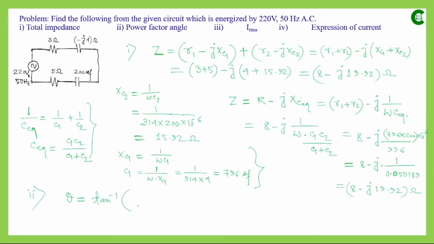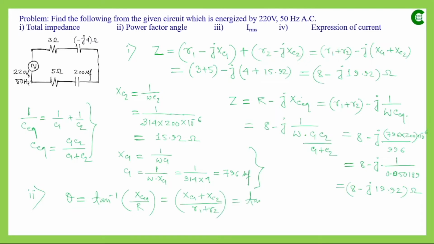So it will be simply tan inverse 1 by omega CR, if we have one capacitor and one resistor, but here we have two RC branches, so simply it will be the reactance value XC equivalent divided by the resistance value. Now here in place of XC equivalent, it will be simply XC1 plus XC2 divided by R1 plus R2.